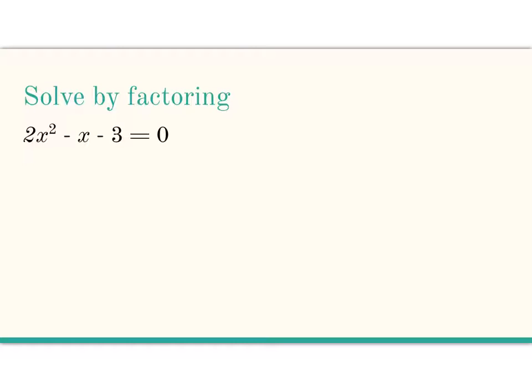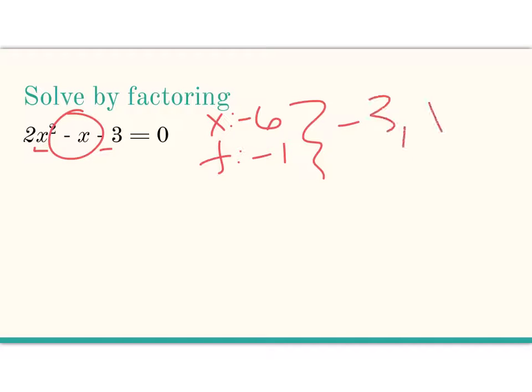This even works when we have a leading coefficient that is not 1. For example, in this problem we have 2x squared minus x minus 3 equals 0. We need two numbers that multiply to negative 6 and add to negative 1. And you probably have realized that these numbers are negative 3 and positive 2.